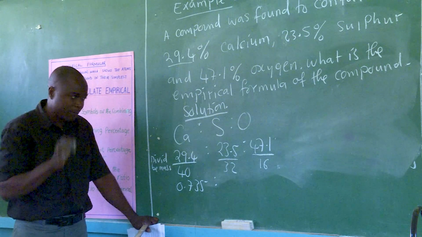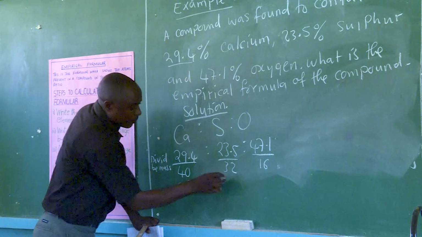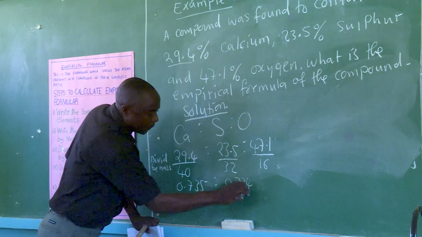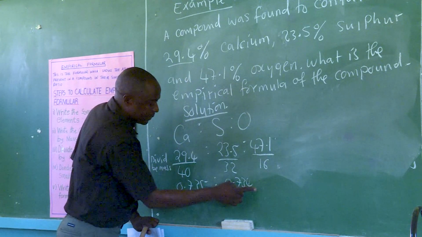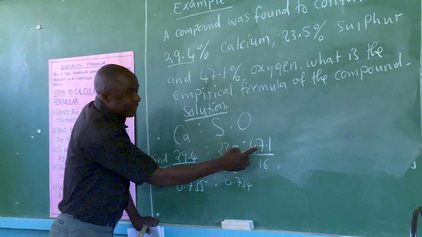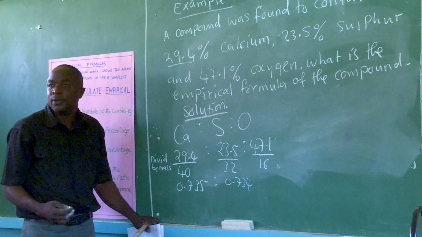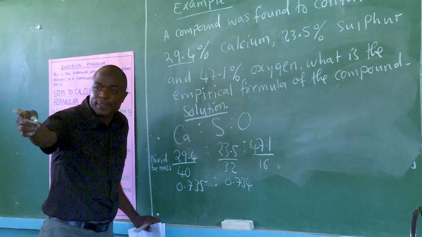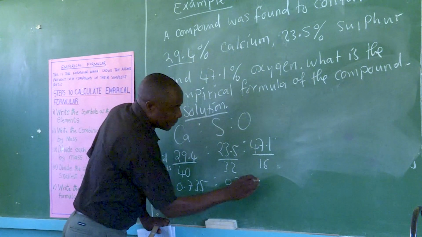What is the answer? 0.734. That's all? No, it continues. Okay, we'll put it to 3 decimal places. Then 47.1 divided by 16. Yes? The one next to Eunice? 2.94375.